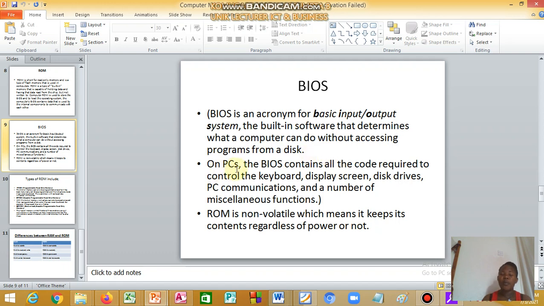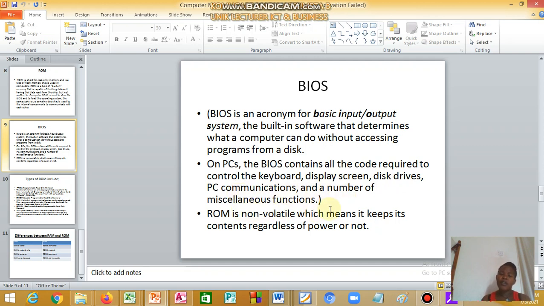On most personal computers, the BIOS contains all the code required to control the keyboard, display screen, disk drives, personal computer communications, and a number of miscellaneous functions.